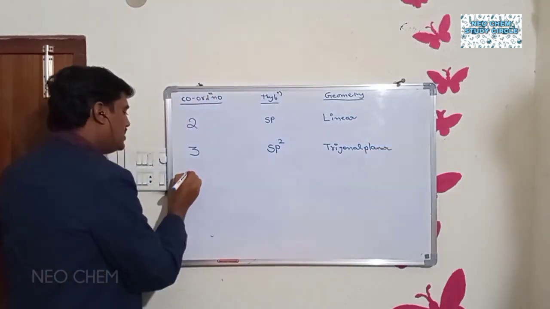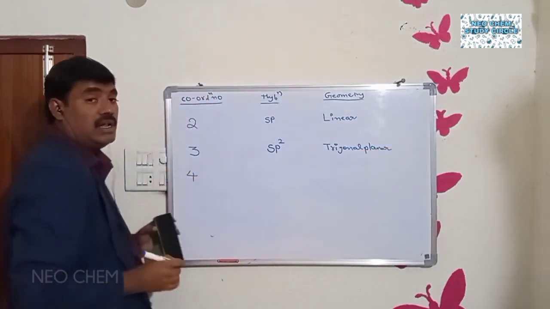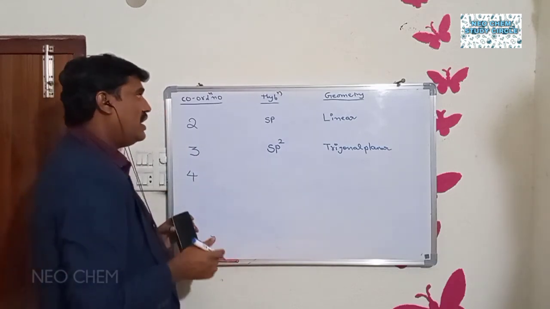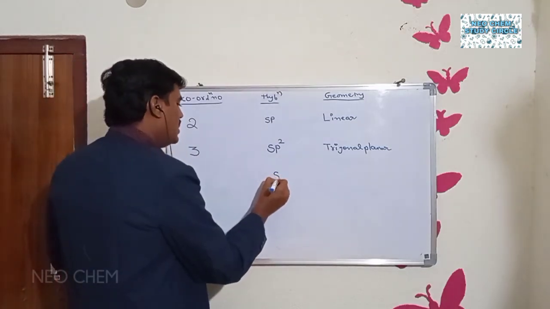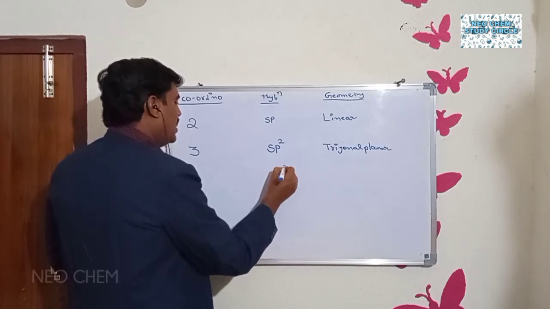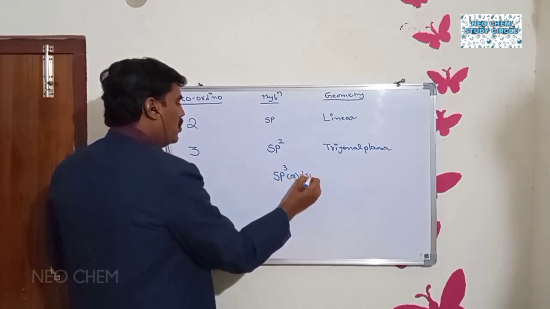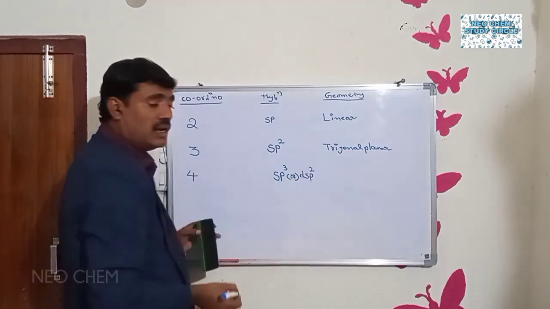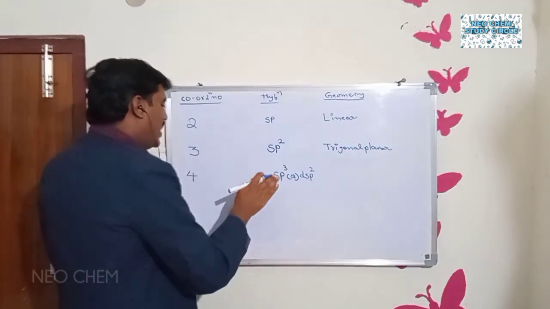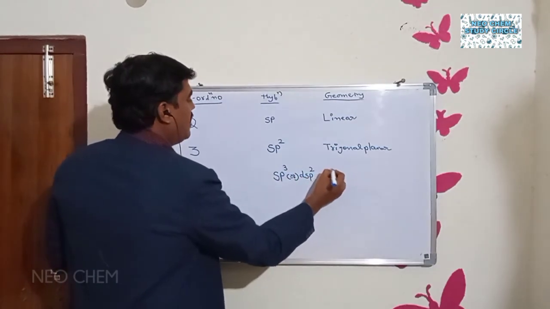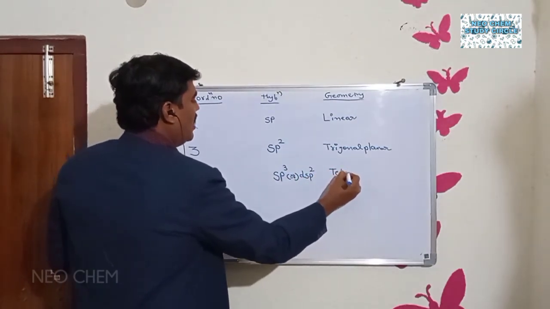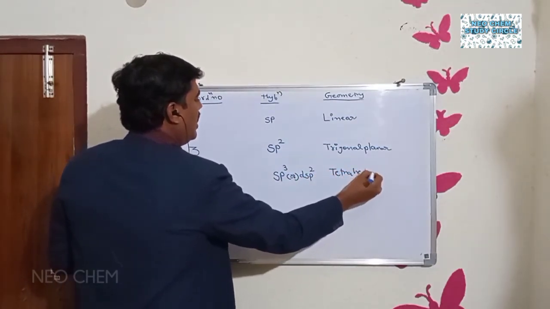Next, if the coordination number is 4, then the hybridization containing 4 orbitals is sp3 or dsp2. If hybridization is sp3, then the geometry is tetrahedral.